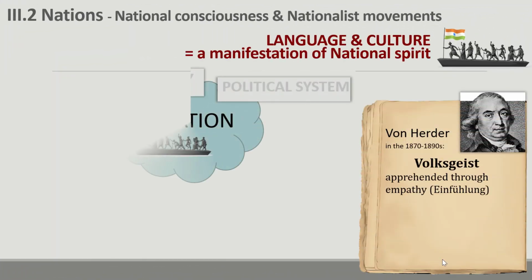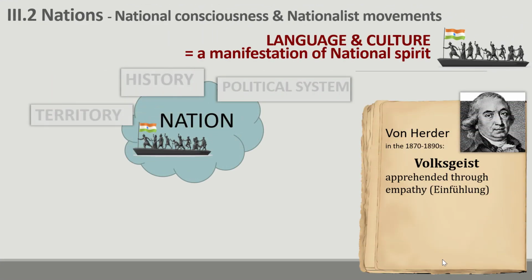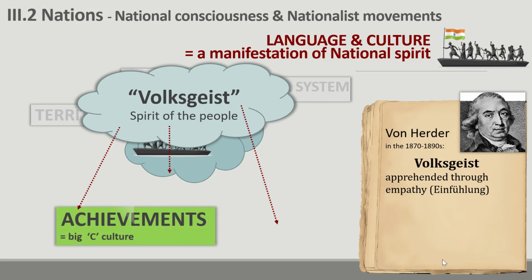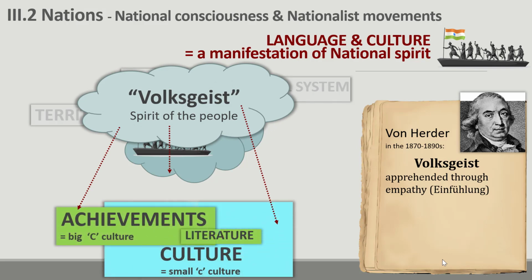According to Johann Gottfried von Herder, whom we have quoted above in connection with historical thinking, every nation has a national spirit, Volksgeist, which informs the totality of national life or culture, comprising achievements, habits, mores, and traditions.